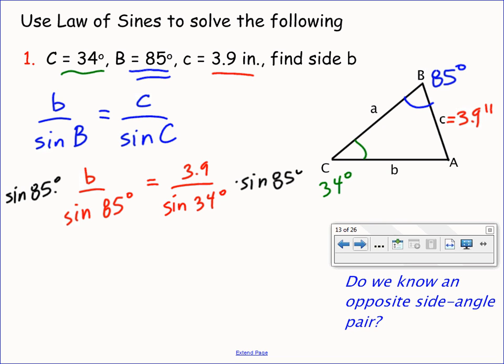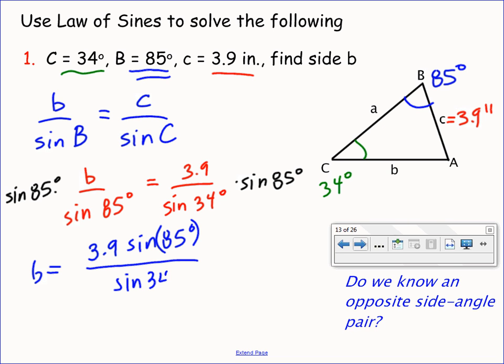So, I know that b, I've gotten it by itself, is given by exactly 3.9 times the sine of 85 degrees, close angle, all over sine of 34 degrees, close angle. You could put 3.9 divided by sine of 34 degrees, close angle, and then times sine of 85 degrees. Both of those are equivalent.